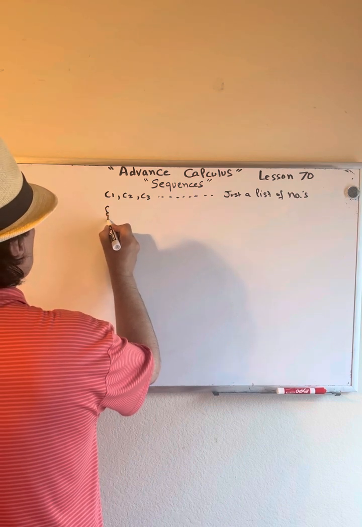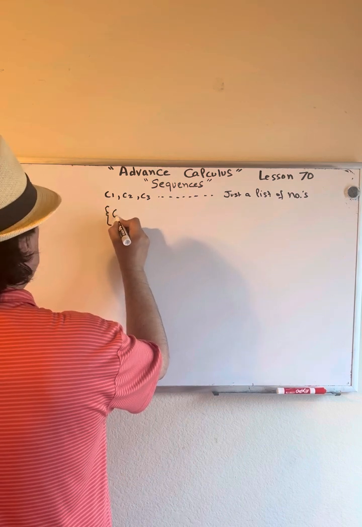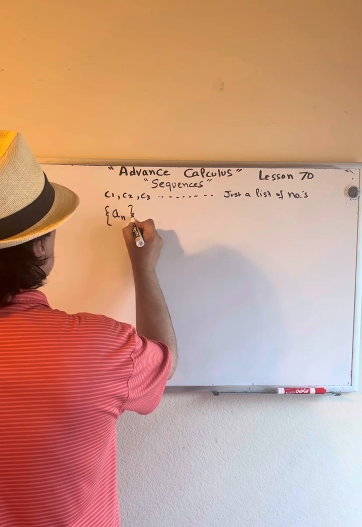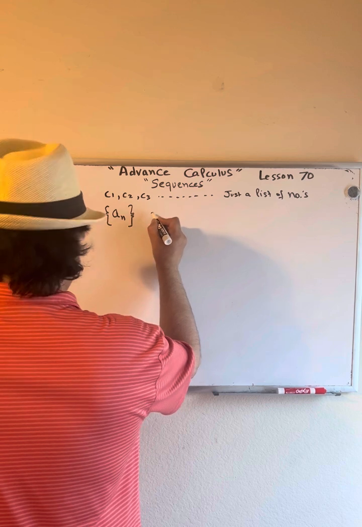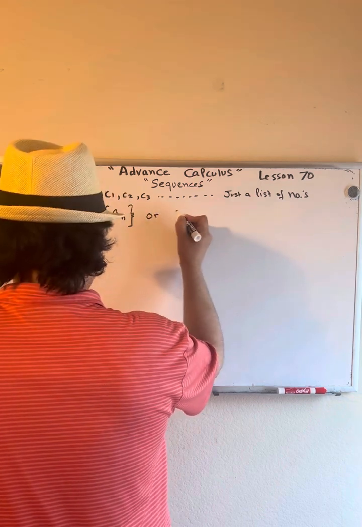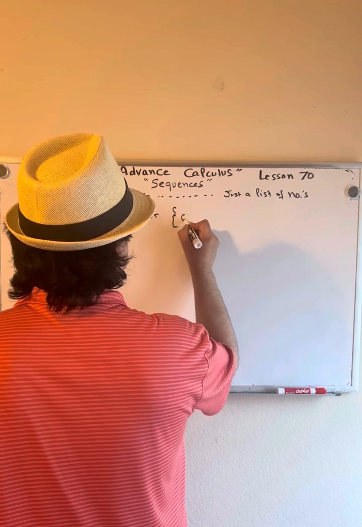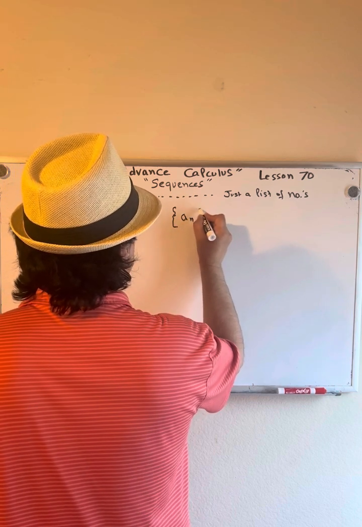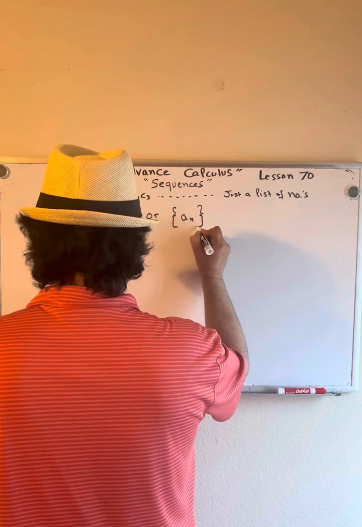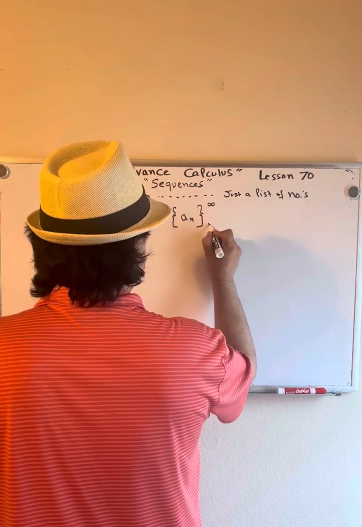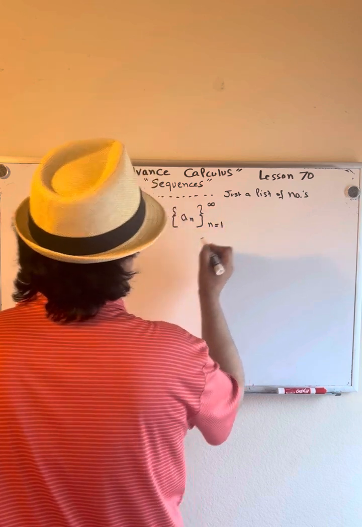So you have a sub n in curly braces, and it is represented with a limit going up to infinity, starting at n equal to 1.